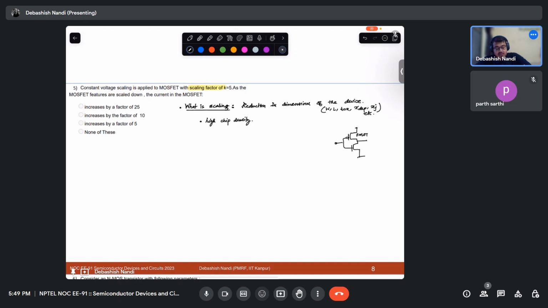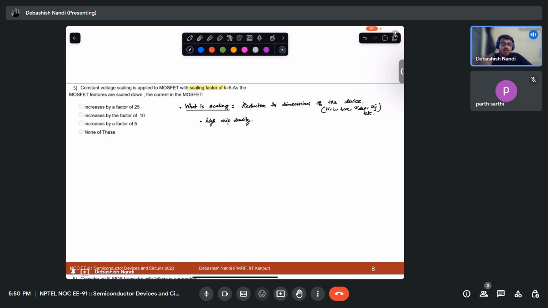One PMOS, one NMOS. This would be your input, this would be your output. So now if you want to make some AND gate or something like that, you need multiple transistors. And AND or NOT, these are very simple operations.